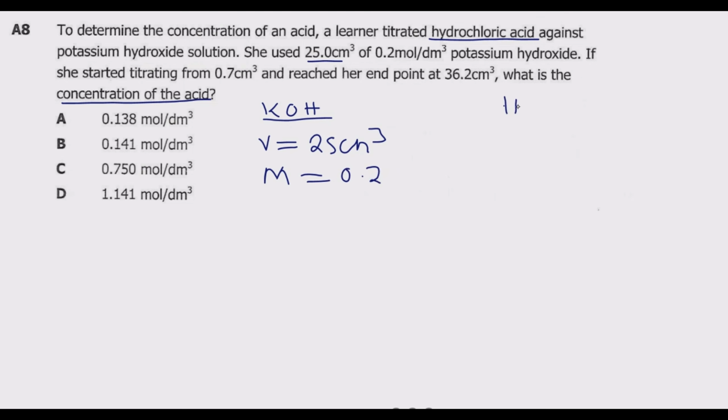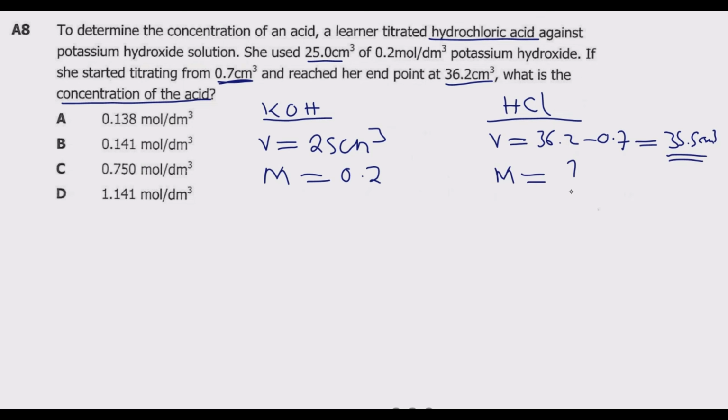Then hydrochloric acid, we have the volume, which is 36.2, the final minus the starting point, which is 0.7 centimeter cubed. We are getting 35.5 centimeter cubed as the volume. What is molarity? We are not given. That's what we are looking for.